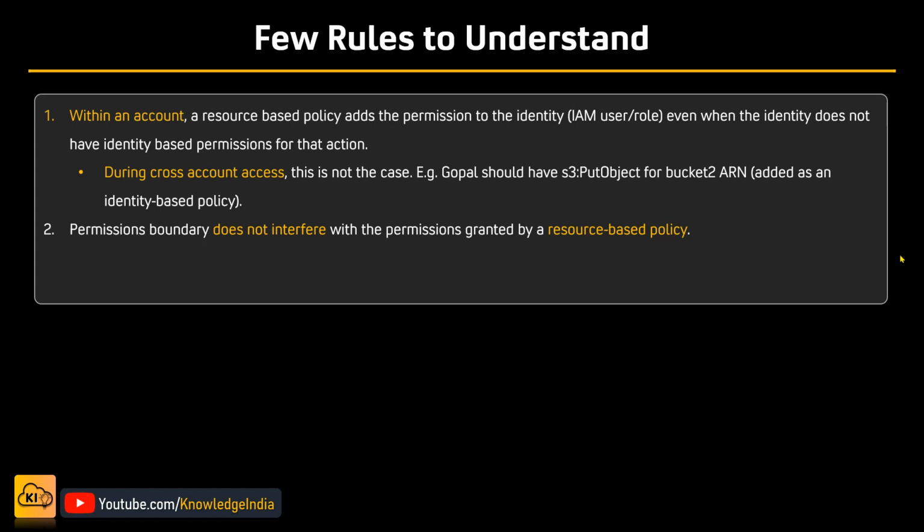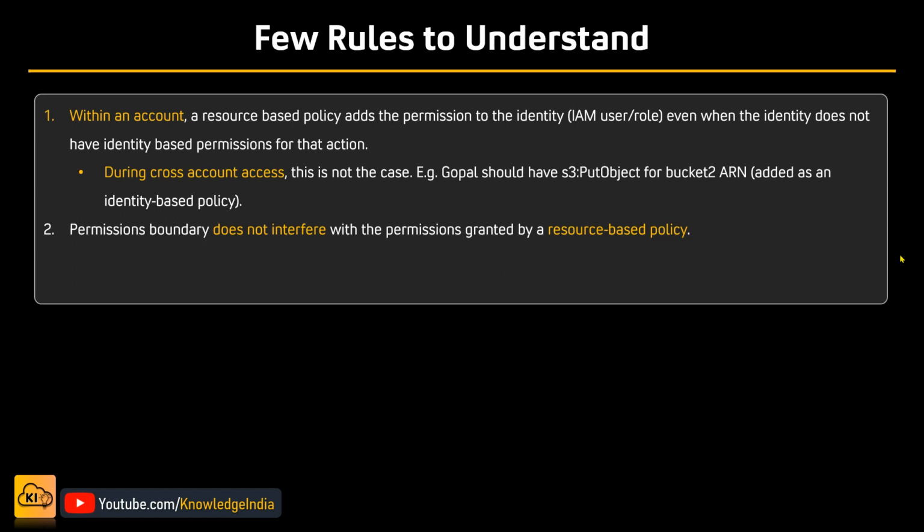One important thing to understand is that permissions boundary does affect what you can do based on the identity-based policies which you have, right? For example, let's say there's a permissions boundary attached to a user. In that, only EC2 star and S3 star is allowed, and that particular user has got RDS full access as well, right? So what will happen? The user will not be able to do RDS related actions because in the permissions boundary, RDS is not allowed, right?